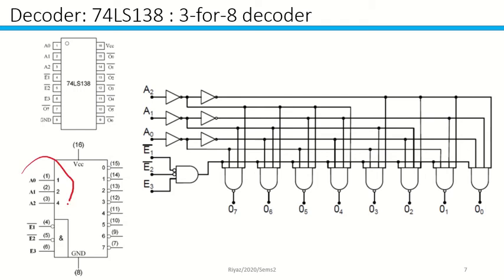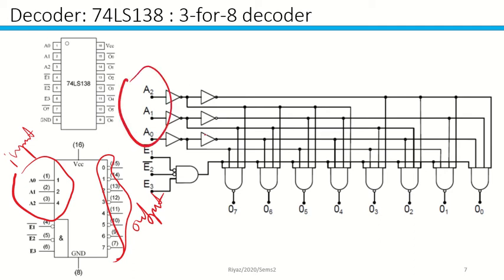This part is considered your input, and this part will be your output. You're always going to see the input over here. The input will be processed where you have A0, A1, and A2.